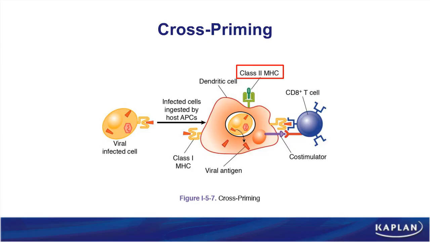And as we talked about earlier, this is going to be an important concept when we talk about cytotoxic T cells becoming activated killer cells through the production of IL-2 from the T helper cell.